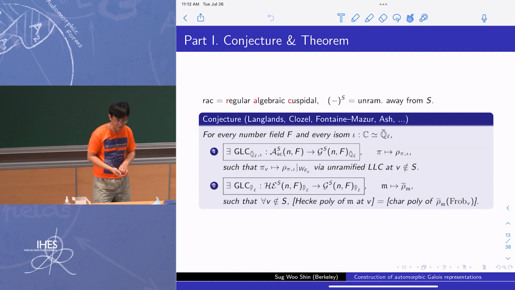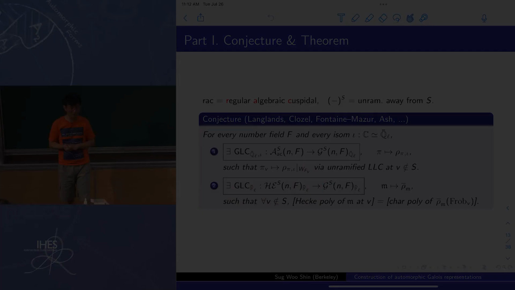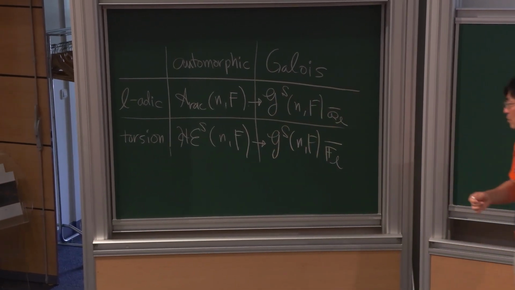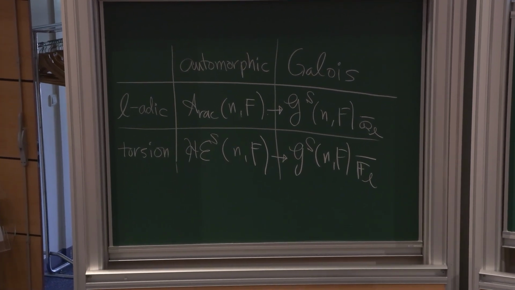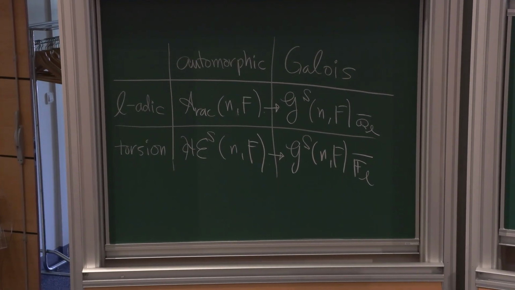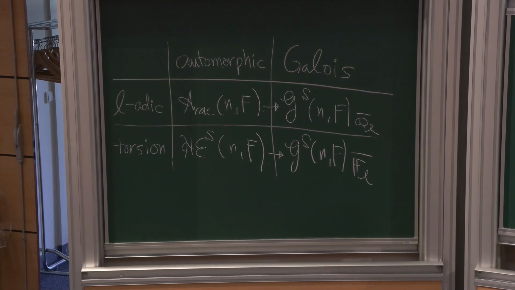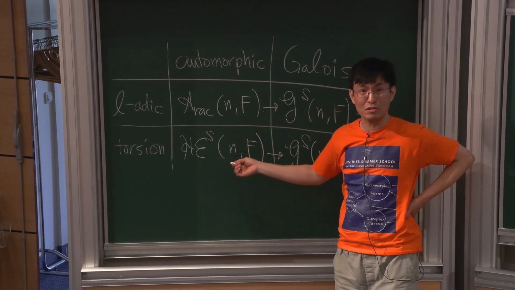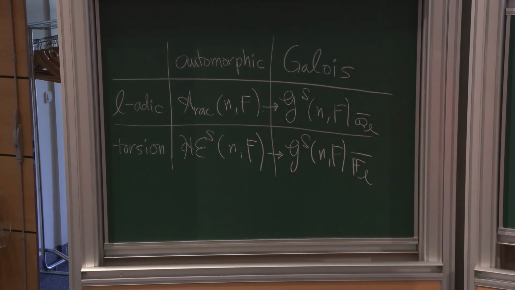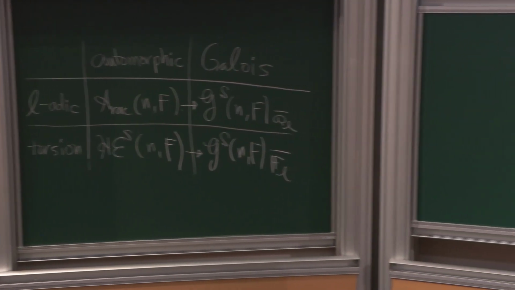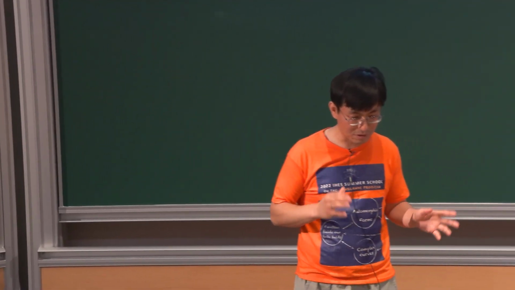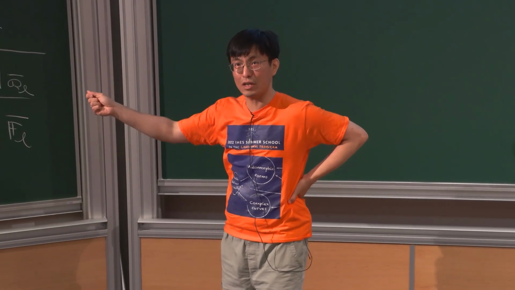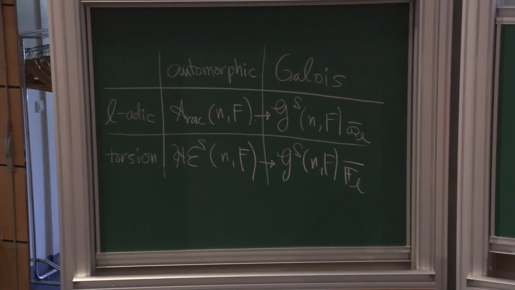Similarly, in the torsion case, the statement is, again, from automorphic you get a Galois representation with coefficients now in F_l bar, but more or less it's the same deal, except that in the eigencharacter, at least in this setup, you don't exactly have a representation of GL_N of Q_v or something, but rather you just have an algebra character away from S. Out of this, you have a map from the Hecke algebra into F_l bar, so you can take the images of various Hecke operators at v.